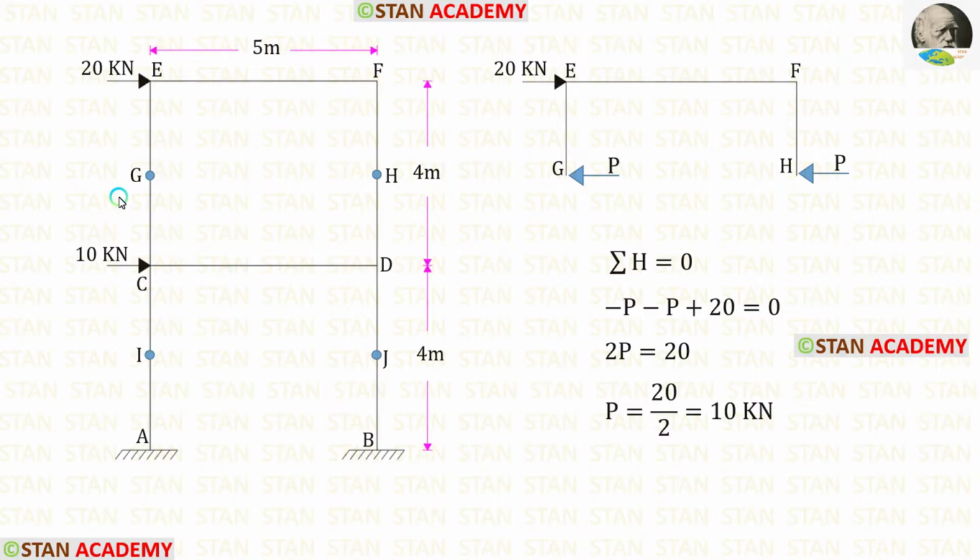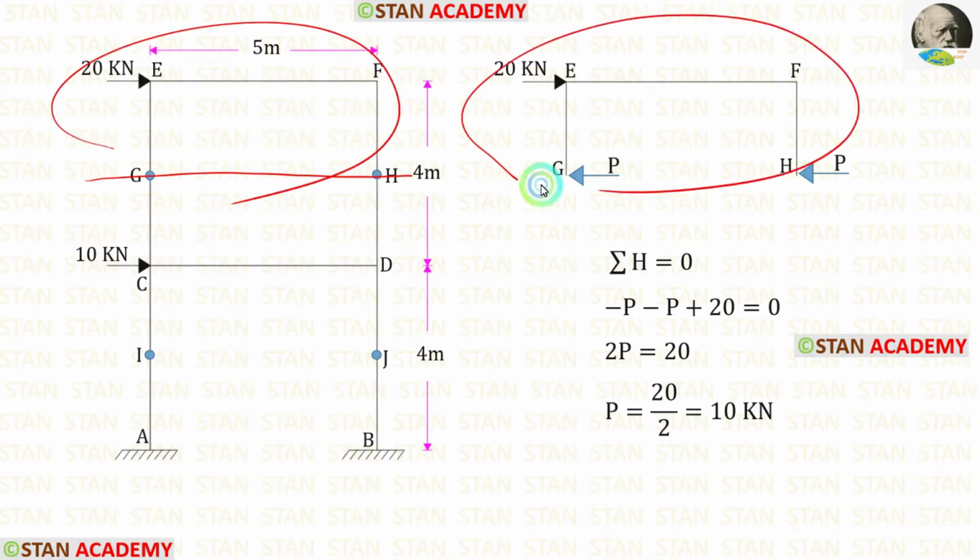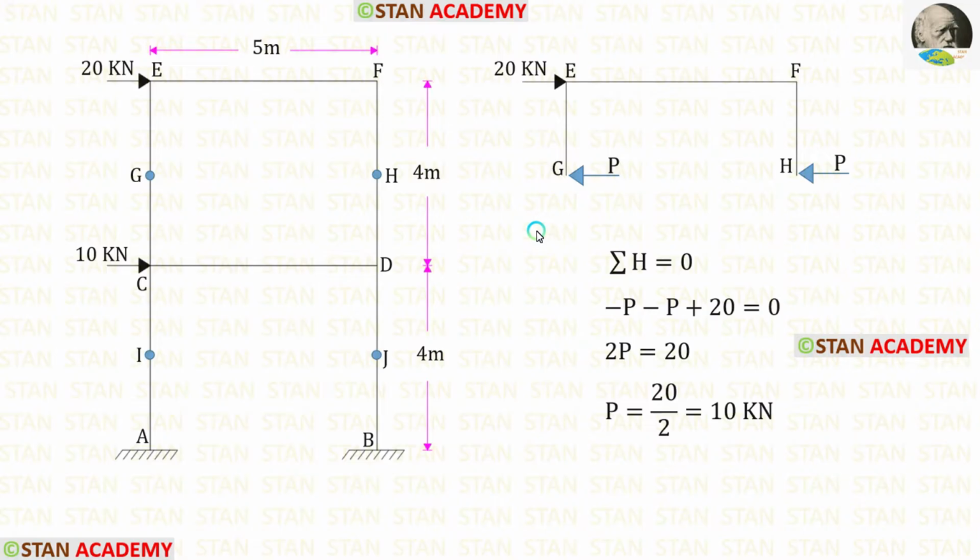Let us split the frame into two parts. From the center of the columns in the top story, let us take the upper part. Let us keep the shear force as P. We know that both of these columns will take the same shear force, so P and P. Let us apply the rule sigma H is equal to 0.